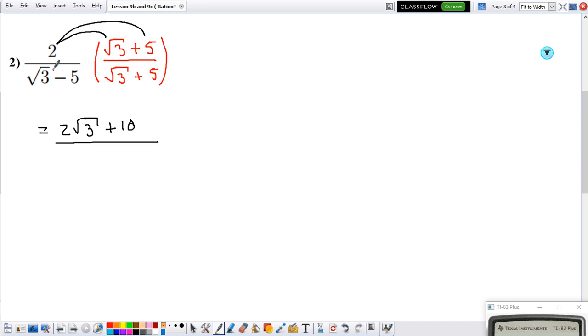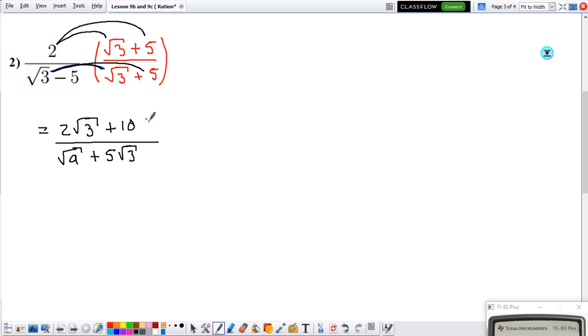So how can we do that? Well, let's perform the multiplication now. Square root of 3 times square root of 3 is equal to just square root of 9. Square root of 3 times 5 is equal to 5 square root of 3.